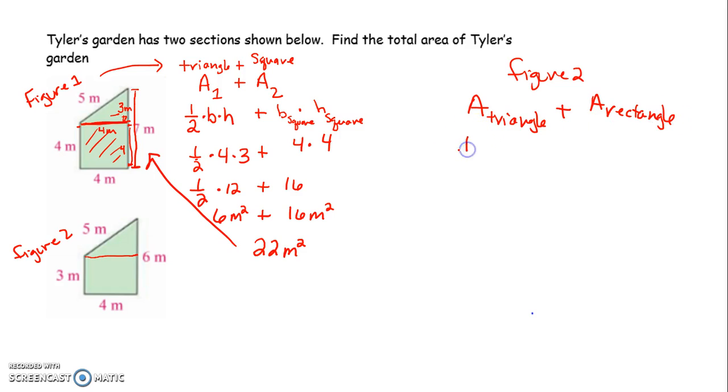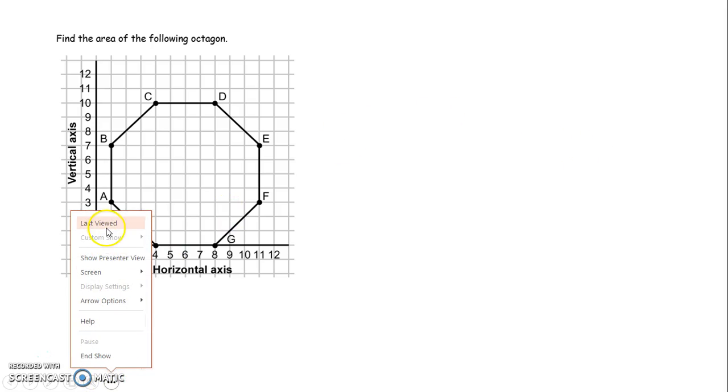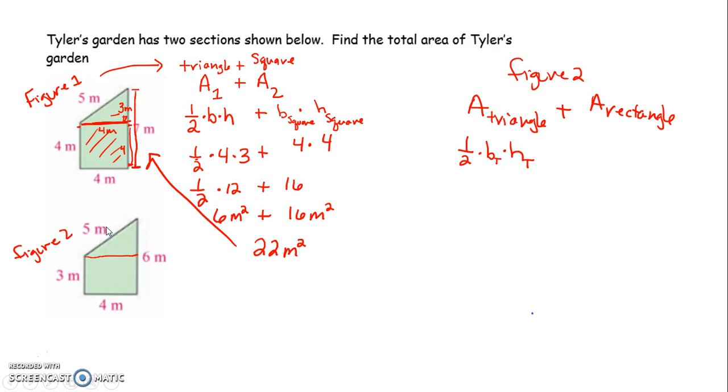Area of a triangle will be 1/2 times the base of my triangle times the height of my triangle. Oops, sorry about that. I jumped a slide. Jumped ahead. Okay. And then to that, we'll have to add on the area of our rectangle. Area of a rectangle, we'll have to take the base of our rectangle times the height of our rectangle. That's the formula for the area of a rectangle.